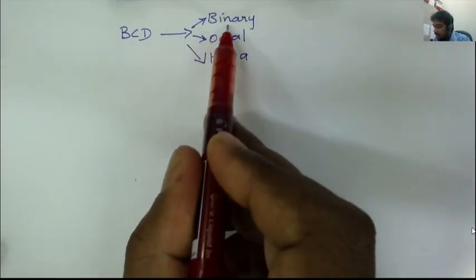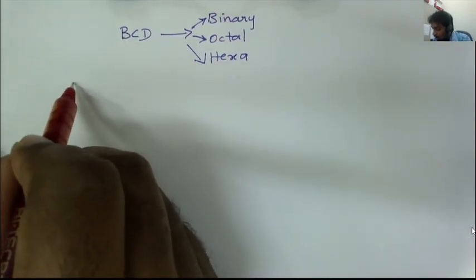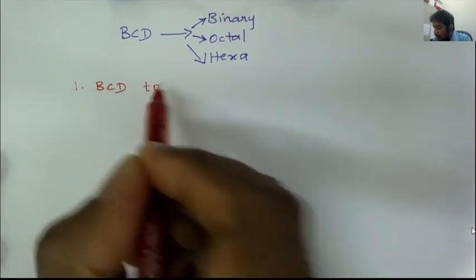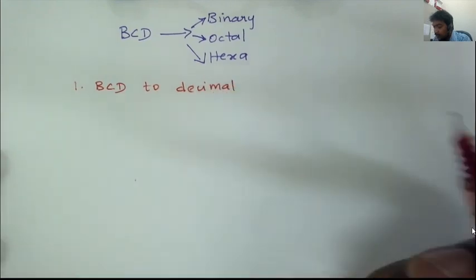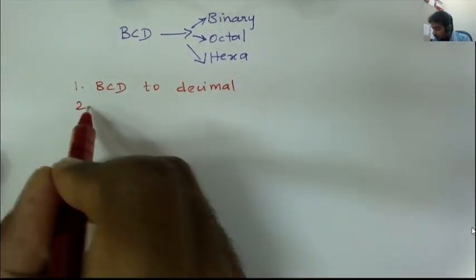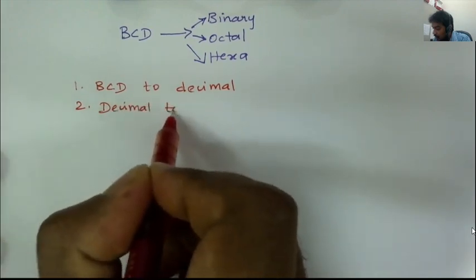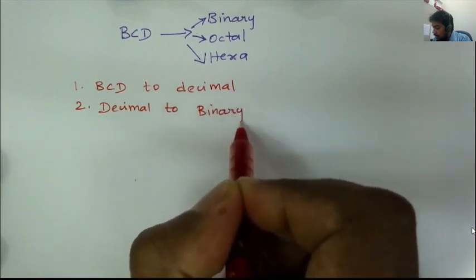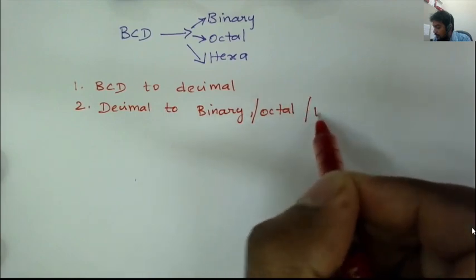In this, you cannot directly convert BCD to binary, octal or hexa. You need to follow two steps. The first step will be BCD to equivalent decimal number. And the second step will be the decimal number to binary or octal or hexa.